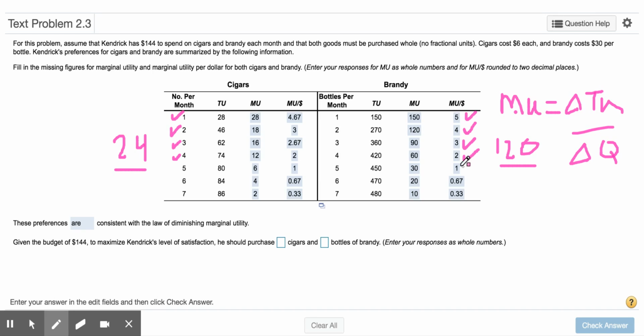So we cannot afford to buy beyond this point because we will be beyond the budget constraint. So this person should consume 4 units of cigars and 4 units of brandy. 4 and 4.